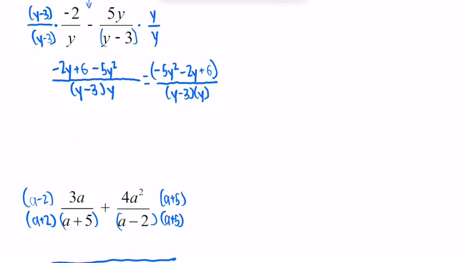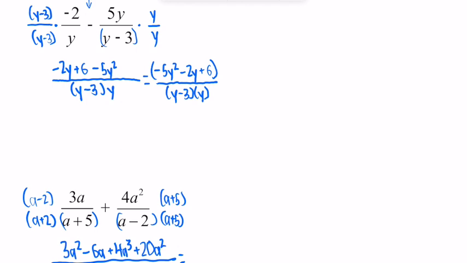In our numerator, we're going to need to multiply and see if we have any like terms we can work out. 3a times a is 3a squared. 3a times minus 2, we would have minus 6a. Next, 4a squared times a, we have plus 4a to the third. 4a squared times 5, we have plus 20a squared.